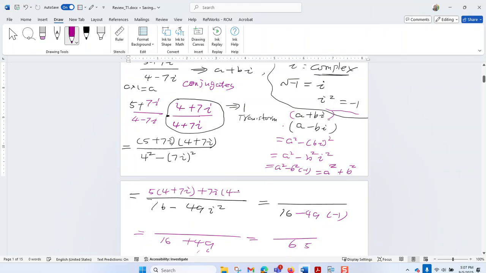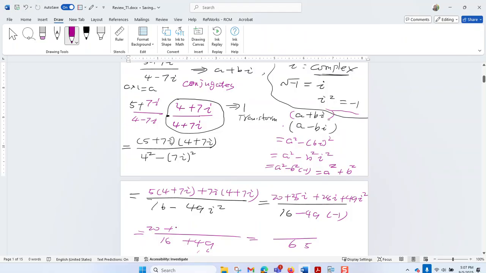So that's 20 plus 35i, and then this will be 28i, and then plus 7i times 7i, which is 49i squared, okay? I combine like terms. i and i are like terms. So 35 plus 28, this will give you what, 63i?